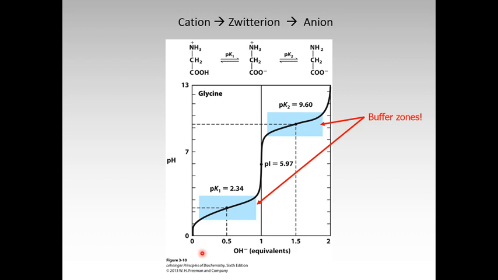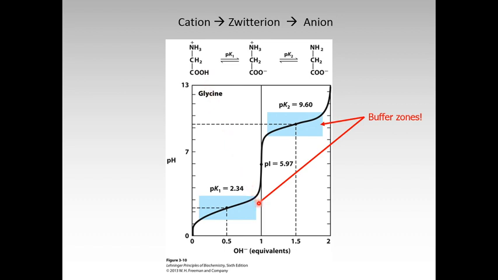Now, let's begin. At low pH, the predominant ionic species of glycine is this one, and it is positively charged because there's a positive charge on the amine and no charge on the carboxylic acid. So it is fully protonated.